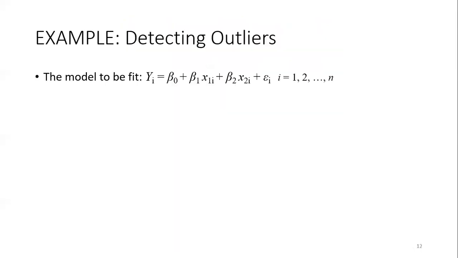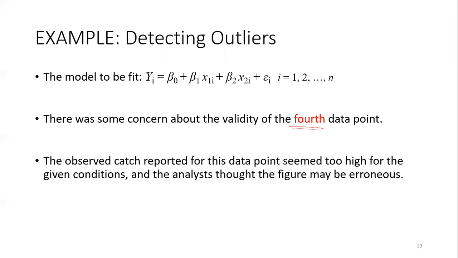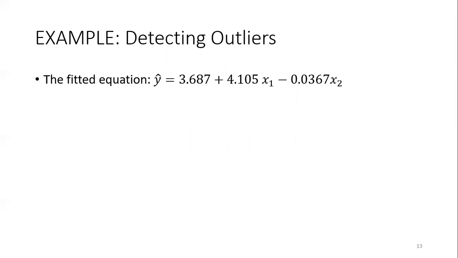The model to be fit is, of course, beta 0 plus beta 1 x1 plus beta 2 x2. And as we said, there's a problem with the fourth data point, so you think that it can be erroneous. This is your fitted model.